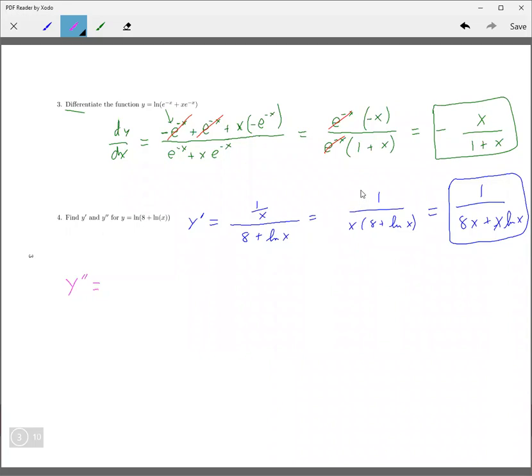So if I take this, for example, that's like quotient rule. It's got a numerator and denominator, but I can write this 1 over x as x to the minus 1, and I can write this as 8 plus log x to the minus 1. And so instead of quotient rule, I got product rule all of a sudden.